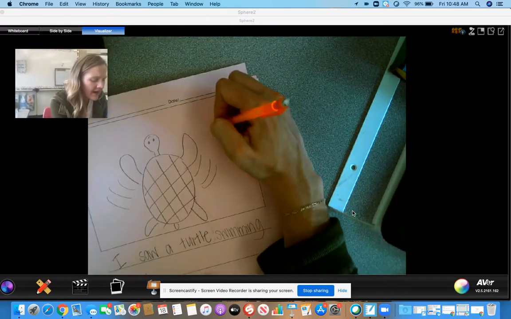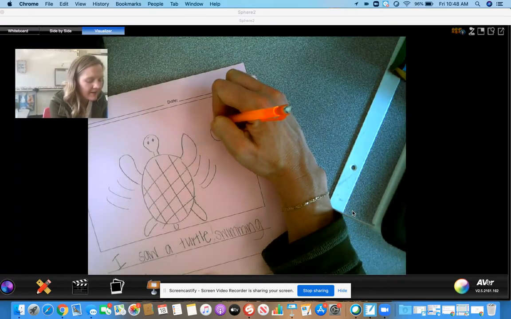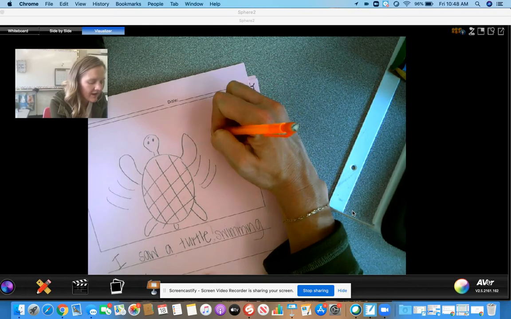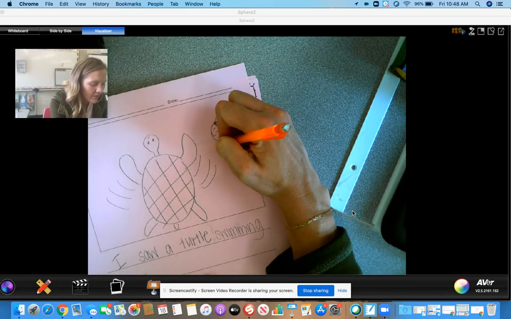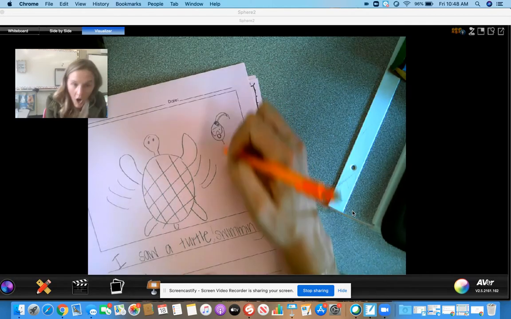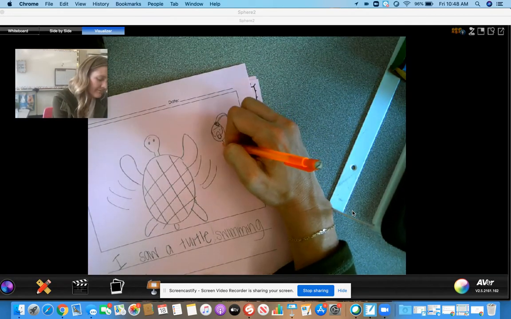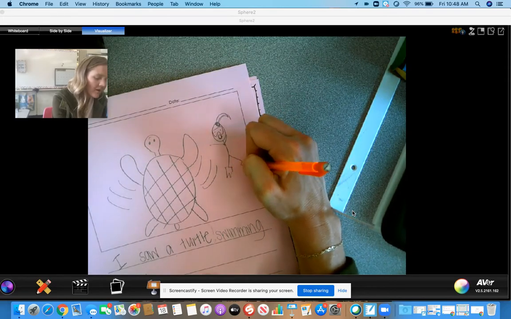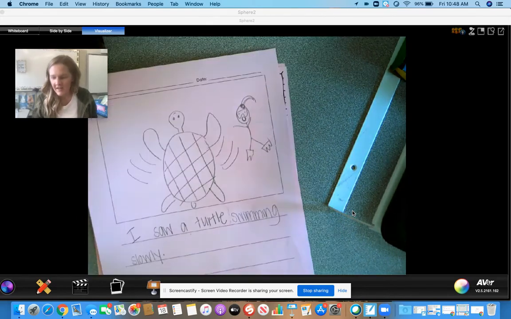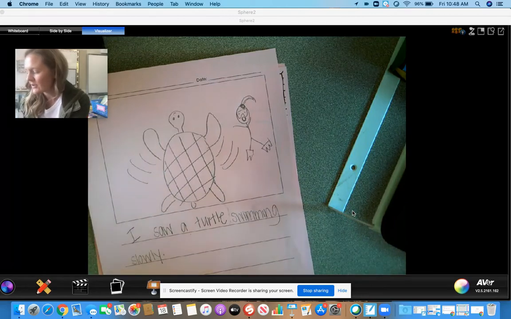And I am going to be over here. I didn't even add myself on this page, so I'm going to do that. Oh, and my mouth is going to be open, with my flippers on.